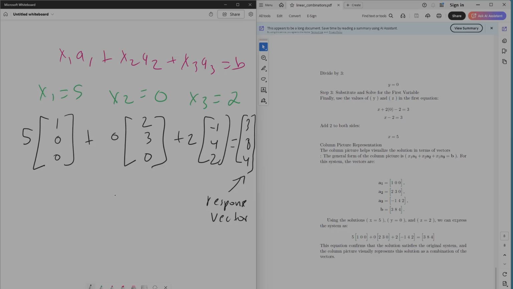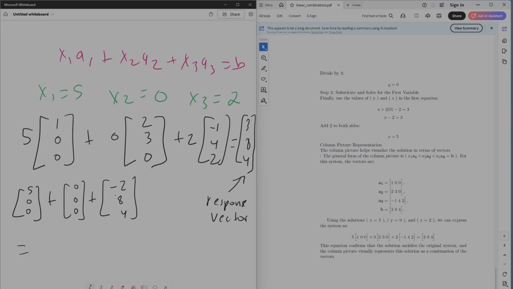This equation confirms that the solution satisfies the original system, and the column picture visually represents the solution as a combination of the vectors. We can see it as follows: 5 times (1, 0, 0) is equal to (5, 0, 0), plus 0 times the vector, that would be (0, 0, 0), plus the scalar 2 times the vector (-1, 4, 2), which is (-2, 8, 4).